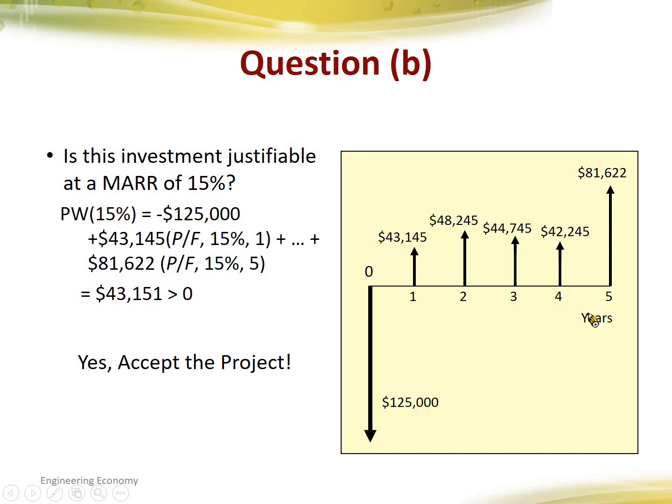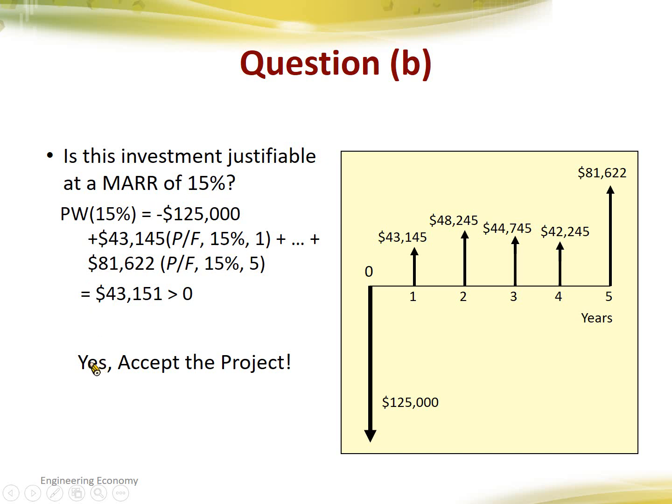That MARR is in fact the rate of return of this project. Right? So as the MARR continues to grow, we can say, okay, the return is higher than that. Until it becomes 0, then we know that's the exact rate of return.